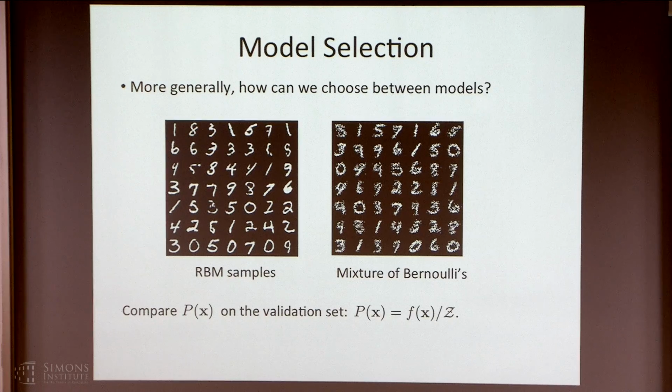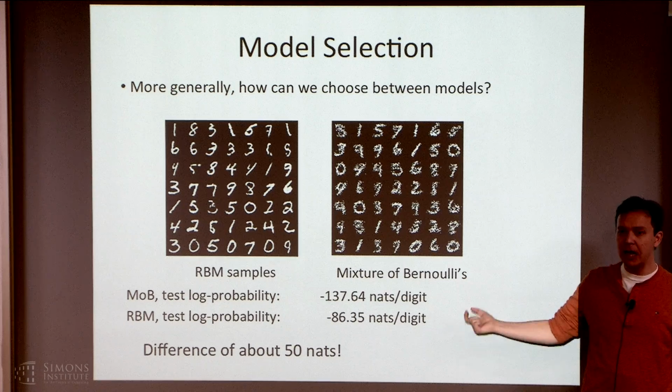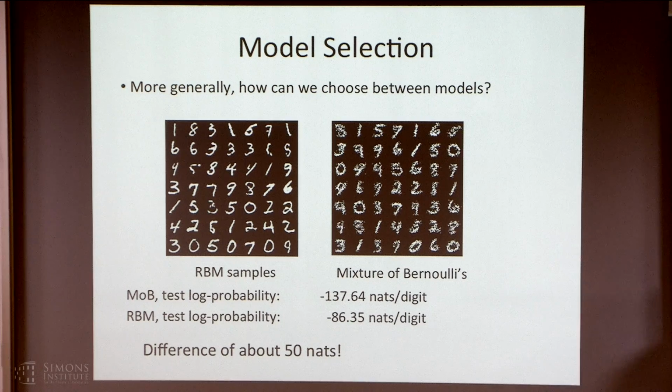If you try these examples of RBM samples versus mixture of Bernoullis, and you get an estimate of the partition function, then you can show there is a difference if you evaluate the test log probability. In other words, if you look at a test example and ask what's the log probability of that example, a model that generalizes quite well will say it has high log probability.